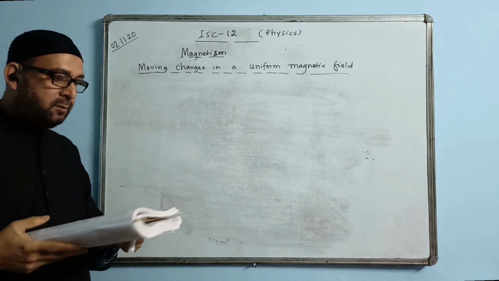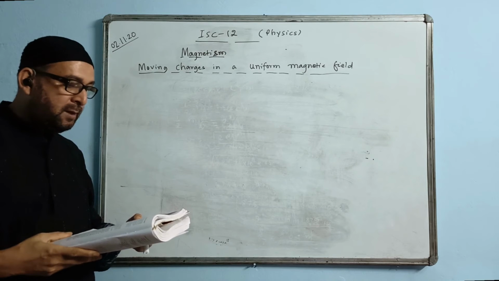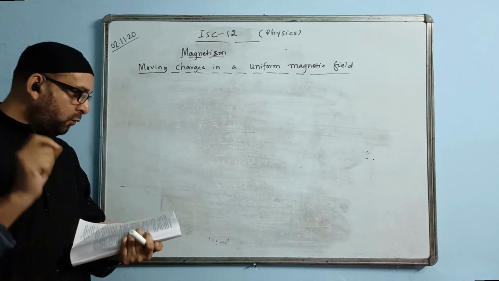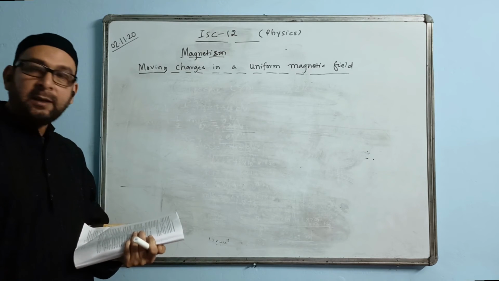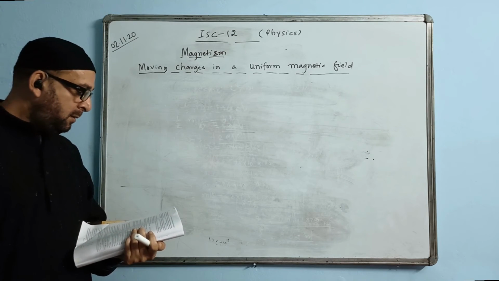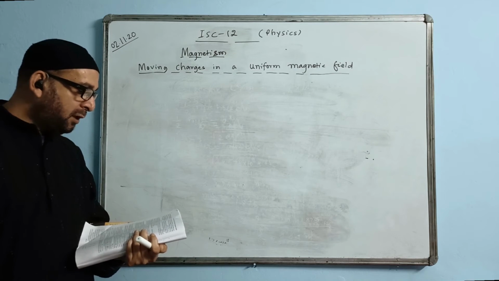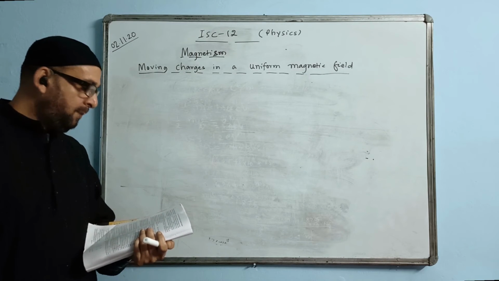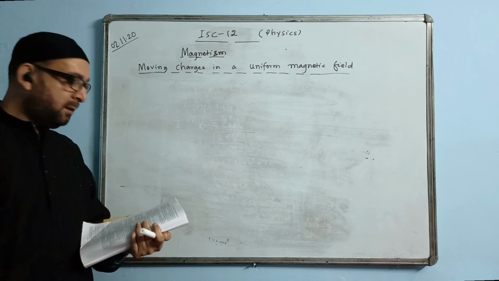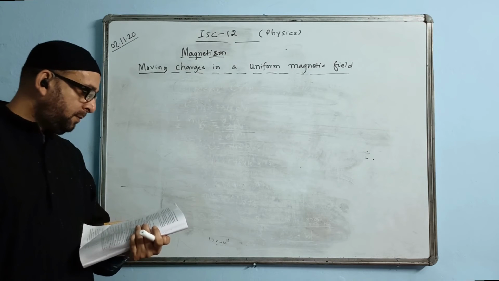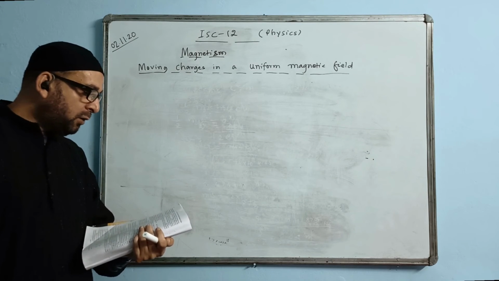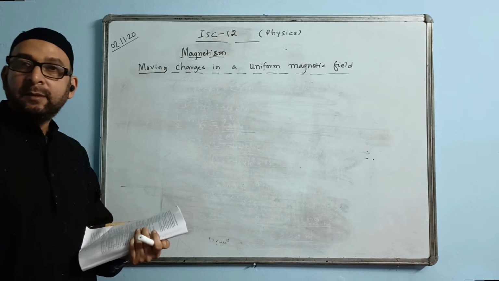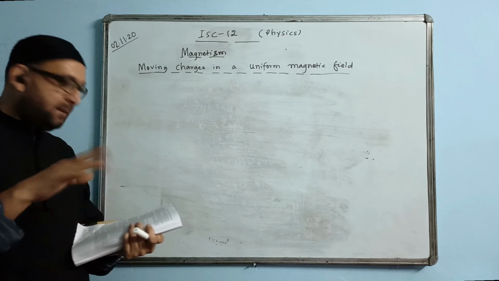Here we have a question. Question says a proton and an alpha particle both move in circular paths in a magnetic field with the same speed.